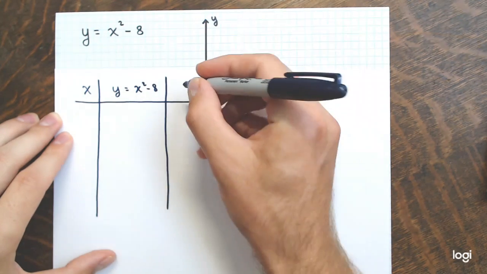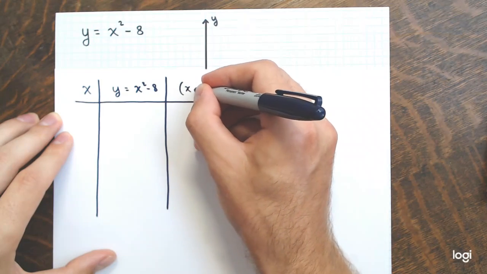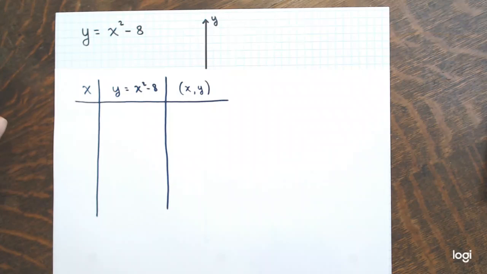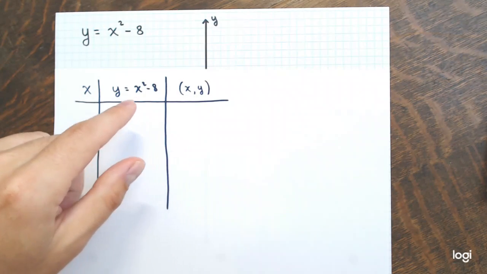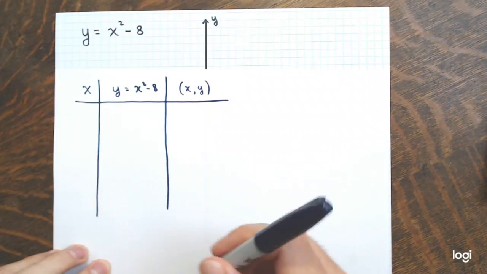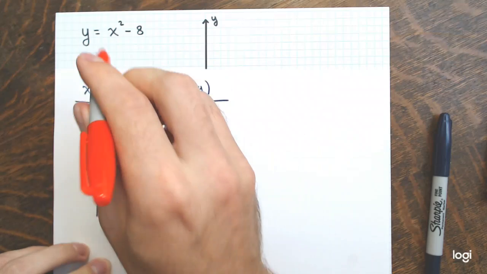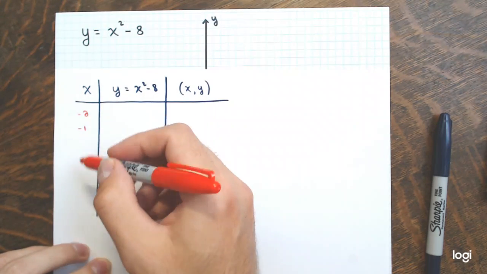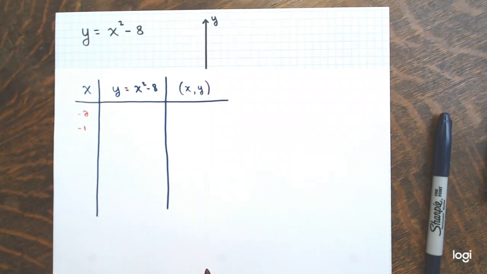And then the third column, the solution, the ordered pair with the x coordinate first, y coordinate second, the solution to this equation that we're going to plot, or an ordered pair that belongs to this relation. And I'll plug in the usual values that I do. You can do whatever you want, right, as long as you're not dividing by 0 or doing something that you can't do with real numbers.